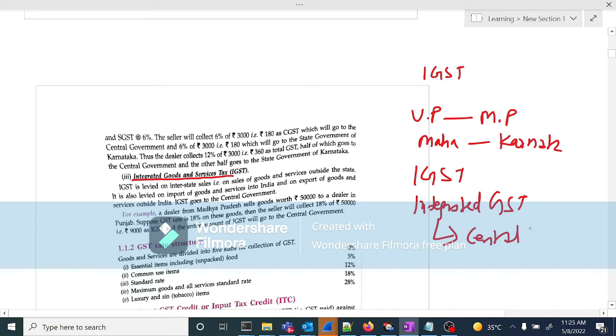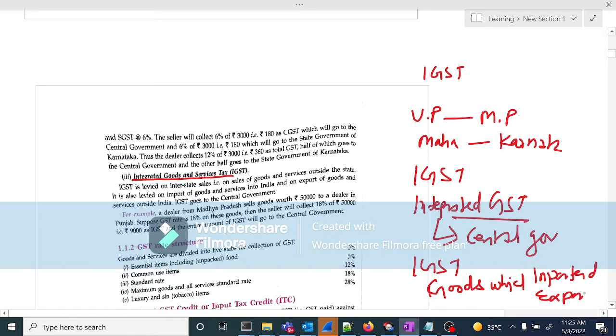There is no portion of the state in this IGST, and IGST is imposed even on goods which are imported and exported. So in import and export also IGST is imposed, right?